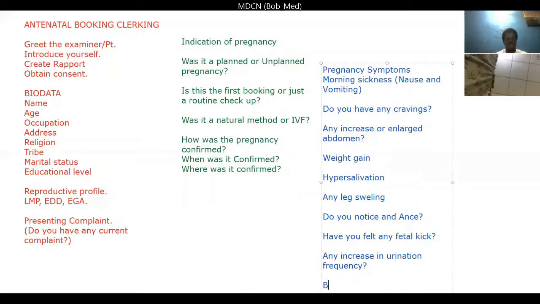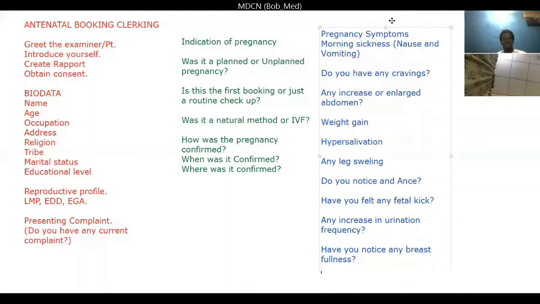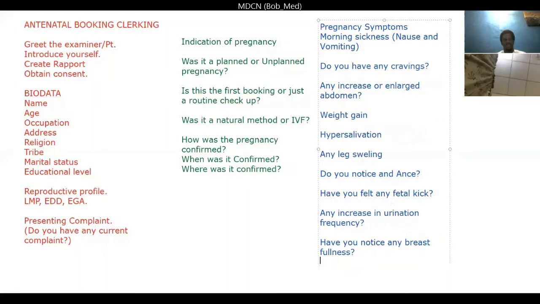Breast fullness also. Do you notice your breast is full? Or you want to say, have you noticed any breast fullness? So that is how many? It's 10 already, right? There are more. Mood swing.